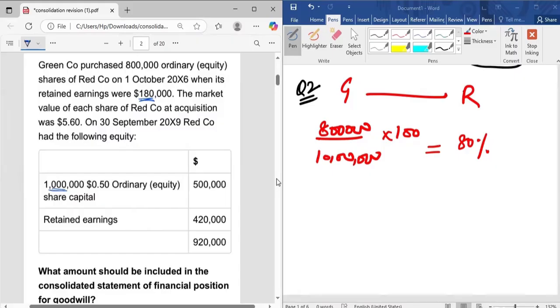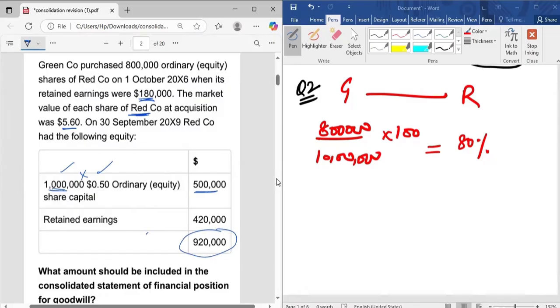The market value of each share of Red company, which means the subsidiary company, is $5.6. On 30 September 20x9, Red company has the following equity. So they have 10 lakh shares and the value of each share is 0.5. So when we multiply both these figures, we get 5 lakh. And the retained earnings are 4,20,000, which gives us the total of 9,20,000, right?